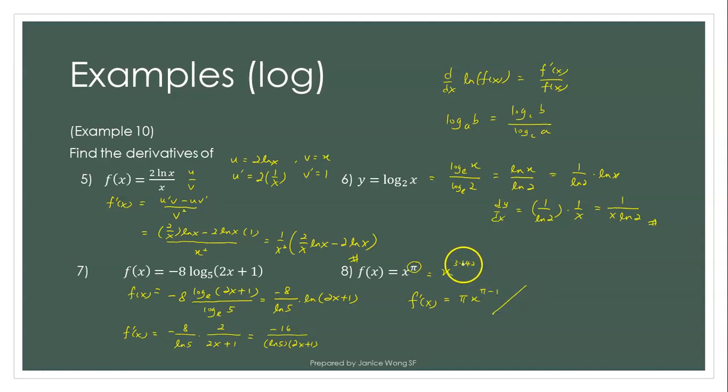In number form, the derivative of x to the power of 3.142 equals 3.142 x to the power of 2.142, because 3.142 minus 1 gives 2.142. It is just like differentiating x to the power of n: n times x to the power of n minus 1.